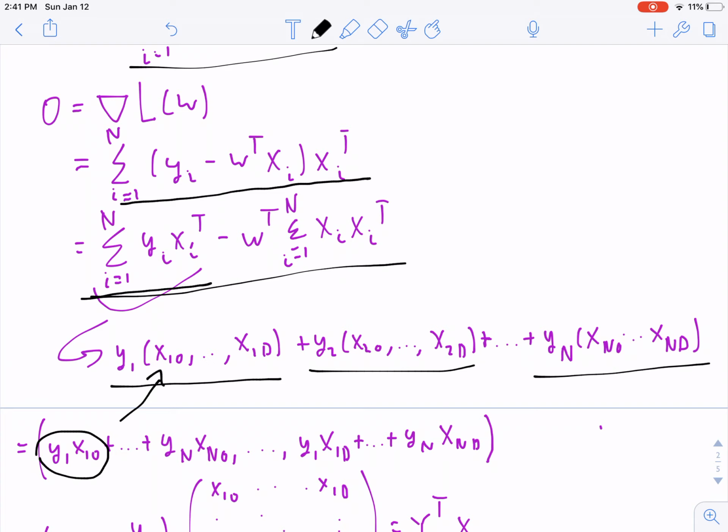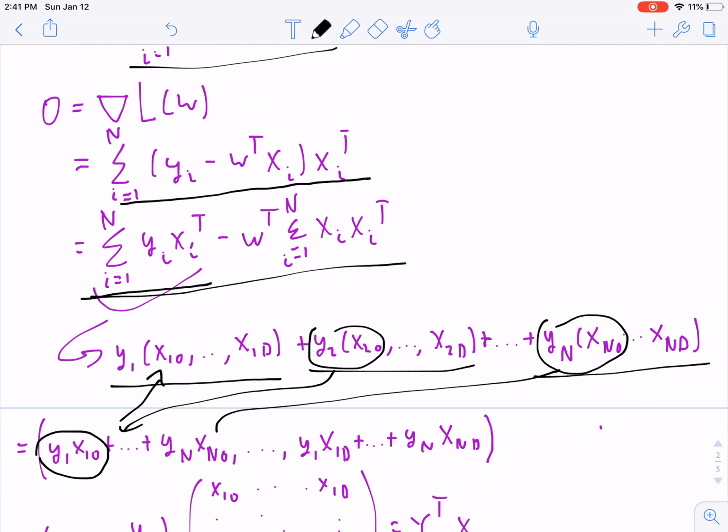And then every term in the sum is going to contribute 1 part to the first element, all the way through the nth term in the sum, which is going to give us our last term in the first element. And that'll happen similarly for all of the elements of the vector. And so we see that we just get this singular vector right here. And this is actually the product of two matrices.